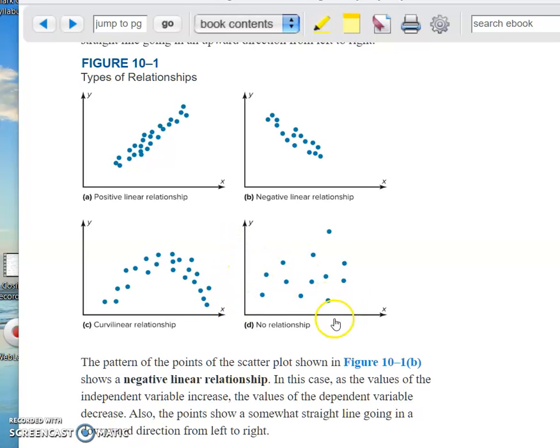So the average of all these Y values is the best I can do for some X value to predict what its Y value counterpart is going to be. I hope that makes it clear.